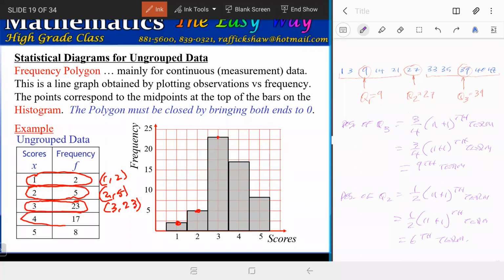The fourth one is 4, 12. And the last one is 5, 8.